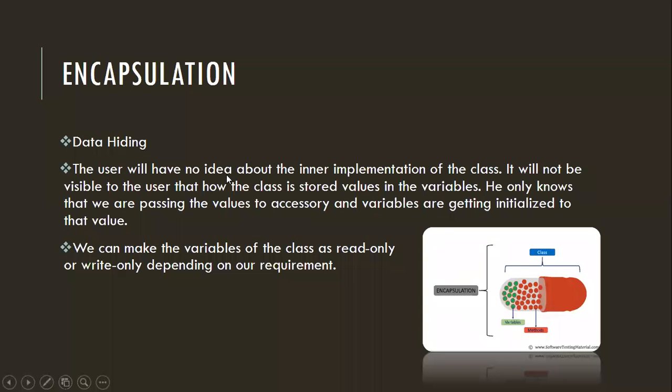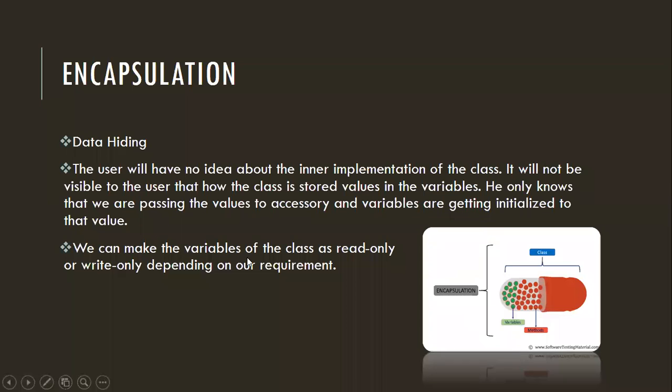So the user will have no idea about the inner implementation of the class. They don't have any idea about the inner class implementation. It will not be visible to the user how the values are stored in the variables. He only knows that we are passing the value to an accessor and then the variables are getting initialized to the values.